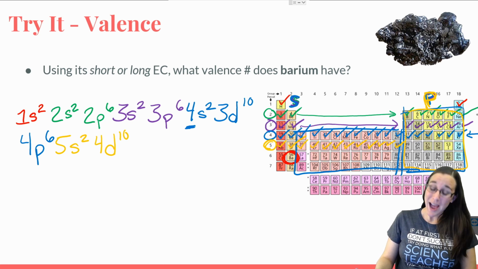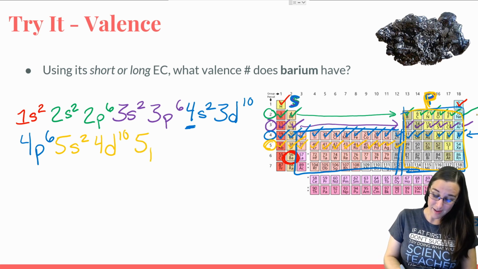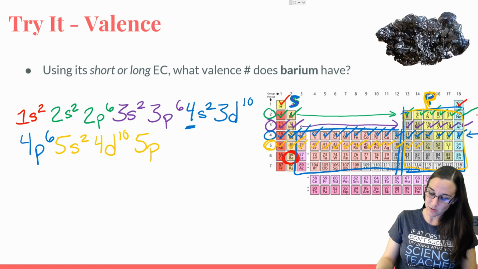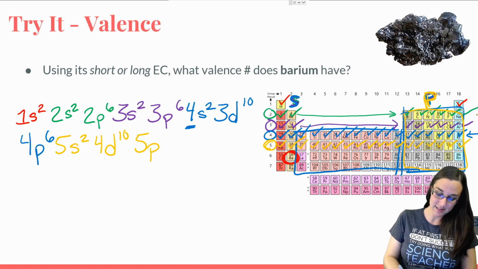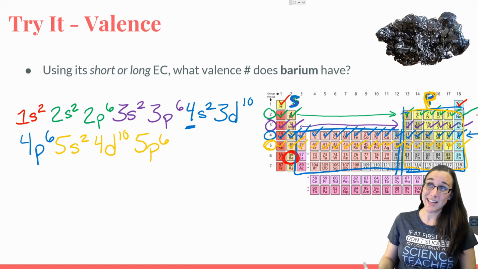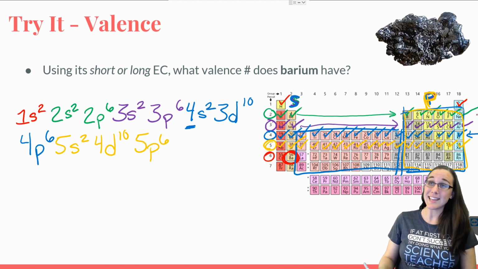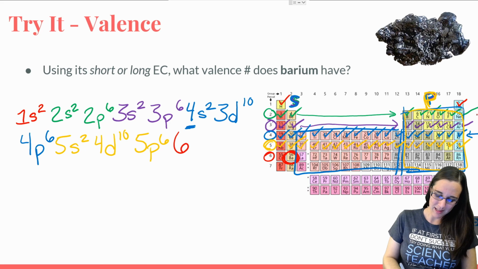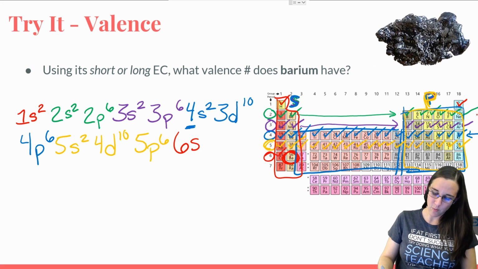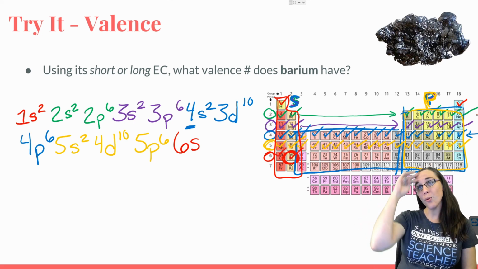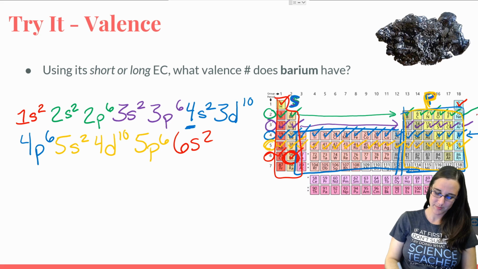And now we are back again in level 5, p. 1, 2, 3, 4, 5, 6. All right, we're almost there. Now we're finally in the correct level for barium. That would be level 6. We are back in the S block, and we count over 1, 2. Whew, to get to barium.